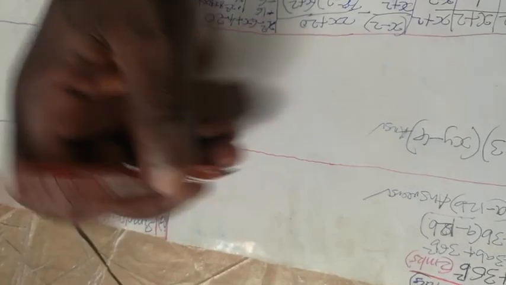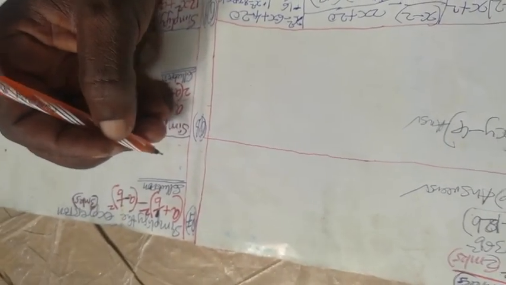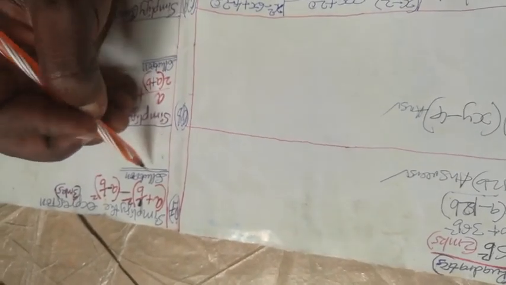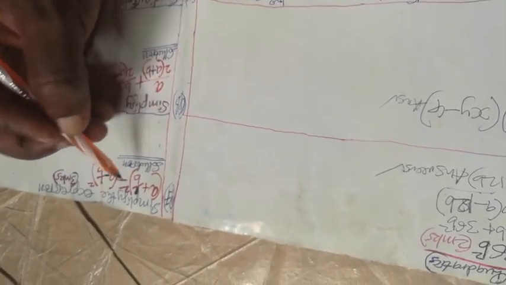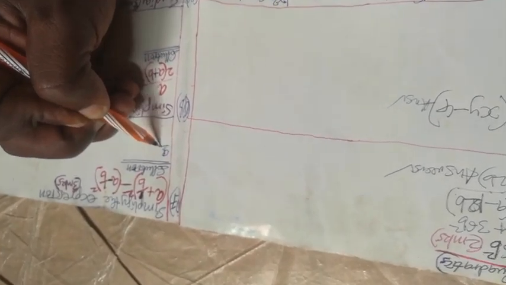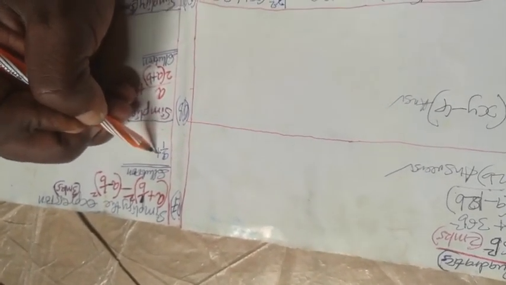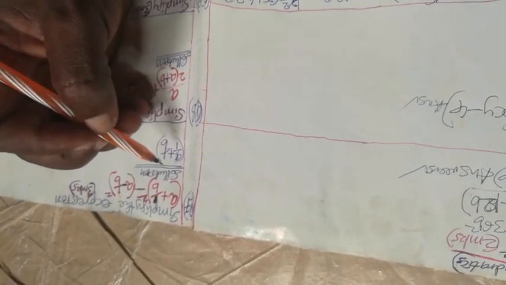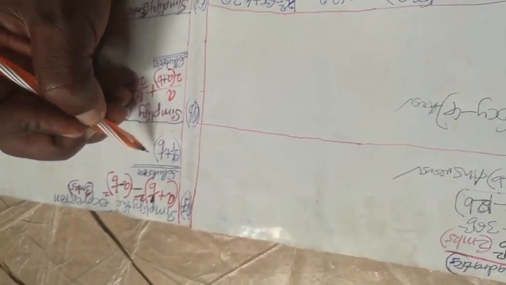Then we are going to the first part. This is our first part and this is the second part. Therefore, for our first part, we write a over 1 plus 1 over b in brackets. Here we are going to cross multiply.